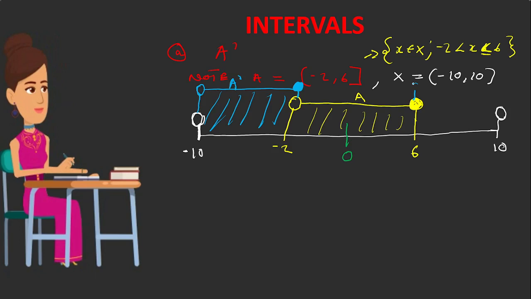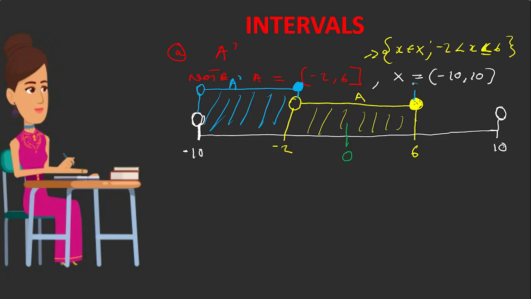So -2 here is not part of A. As a result, -2 is part of the complement. -2 is not a member of A. Therefore, -2 is part of the complement. Is that okay now? That's why it is blocked.